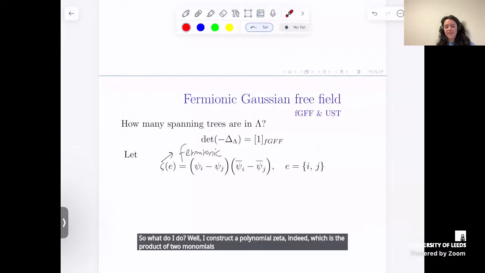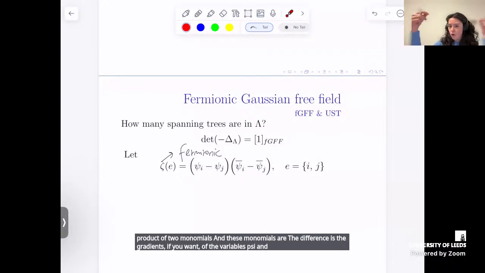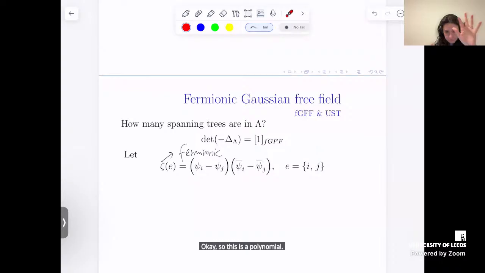And these monomials are the differences, the gradients, if you want, of the variables psi and psi bar along the edge E: psi i minus psi j, psi bar i minus psi bar j. So this is a polynomial, which is written like this.